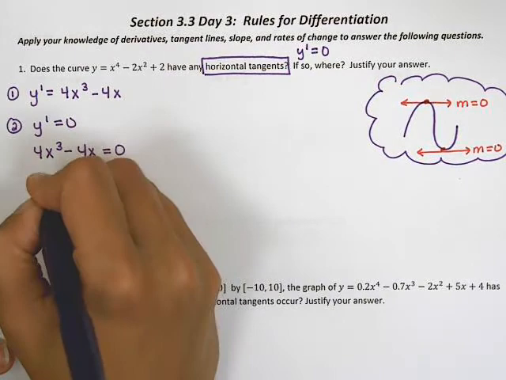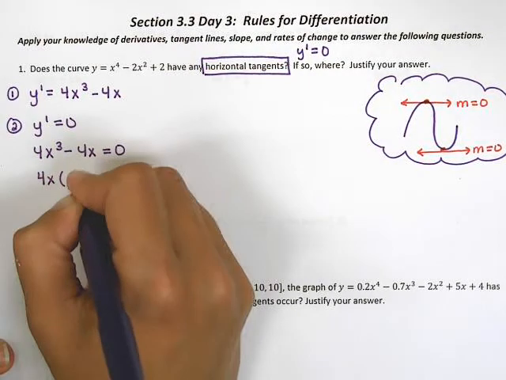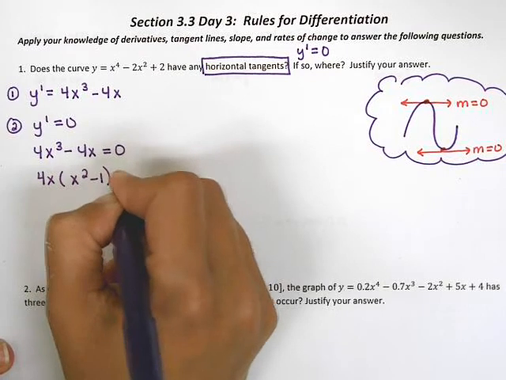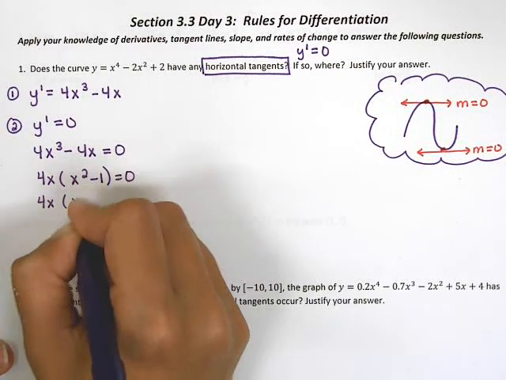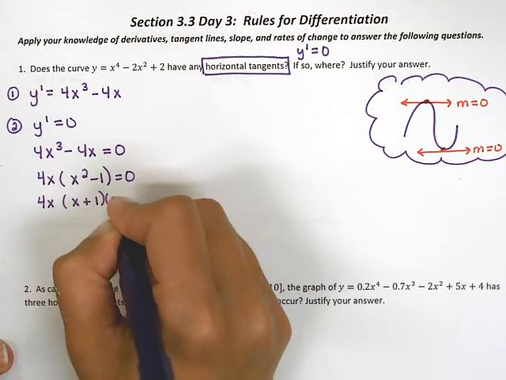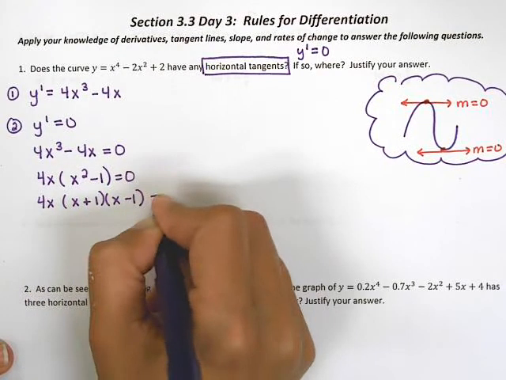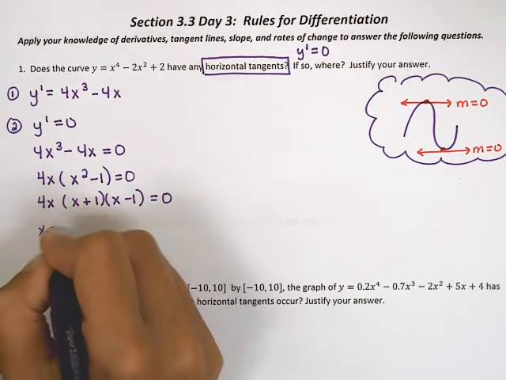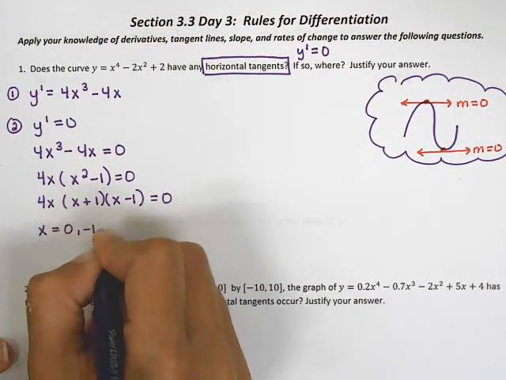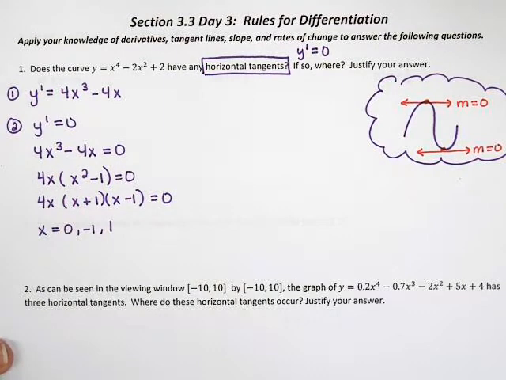If I factor that, I get 4x parentheses x squared minus 1 equals 0. And if I continue and I factor it completely, I get 4x times x plus 1 times x minus 1 equals 0. So my three values would be 0, -1, and 1.